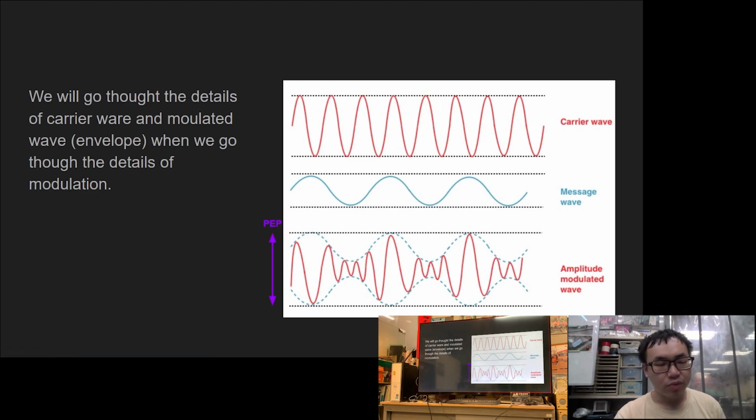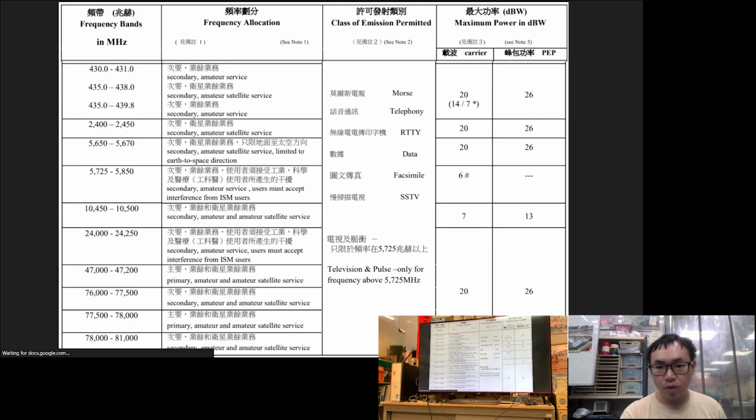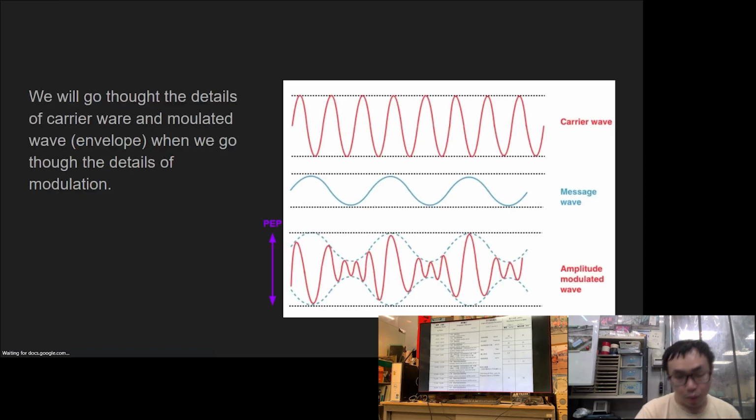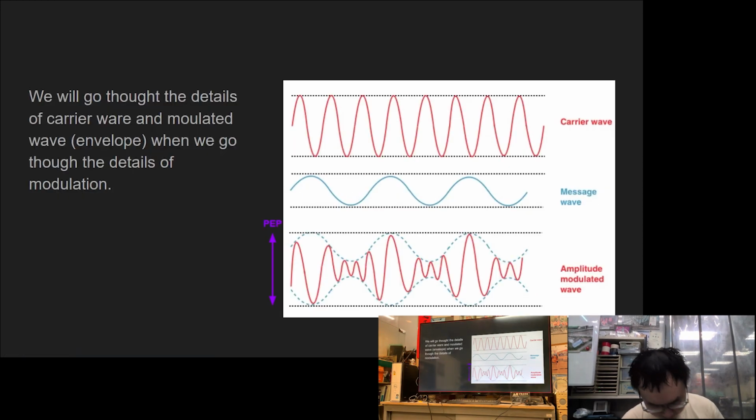Okay. So before we go to explaining, you see here is a carrier and PEP, right? So I'm going to explain what is a carrier wave and PEP. Okay. We'll go to deeper details when we go through the modulation. But you will see that carrier wave is oscillation that's to carry your signal.